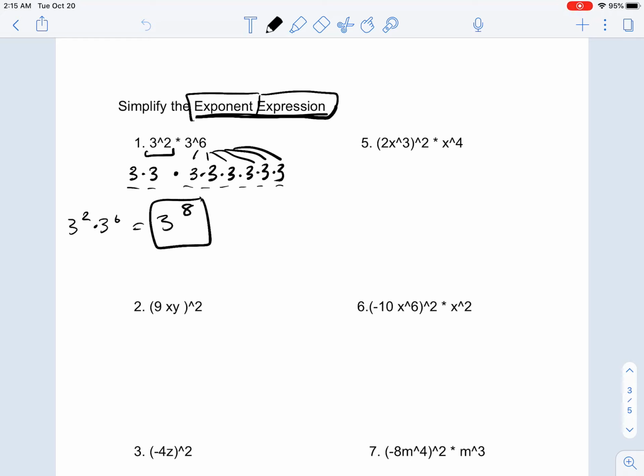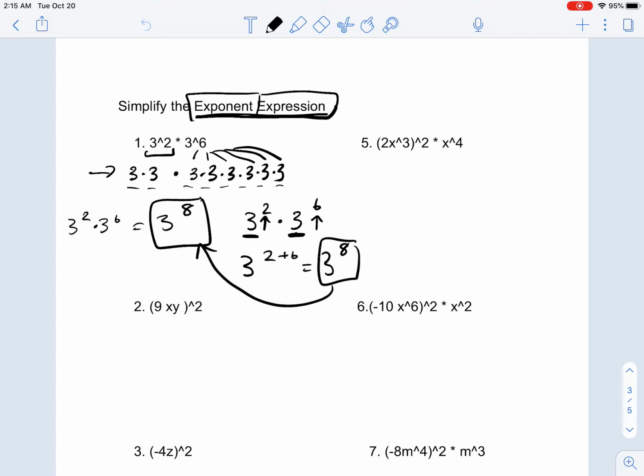Furthermore, because this method can get a little tedious, when you have an expression like this, when they have the same base, which is the number that holds your exponent, then you can just add the exponents together. And as a result, you get 3 to the 8th power, which is equal to this.